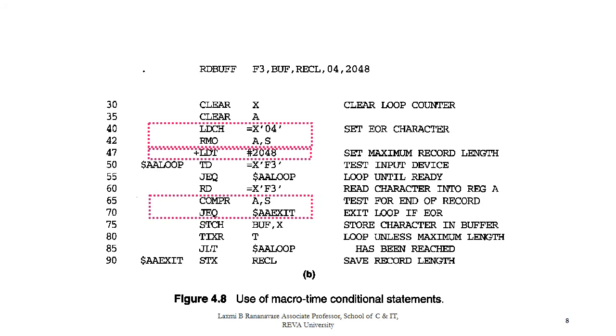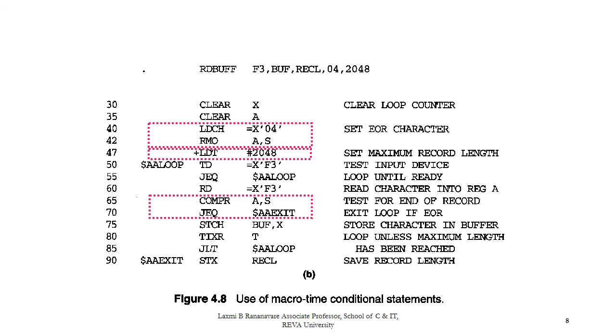If you read 04 through the keyboard, that indicates no more characters to read, so you go to the last statement. This is the argument for the parameter EOR, end of record.